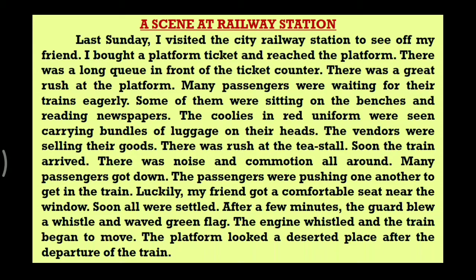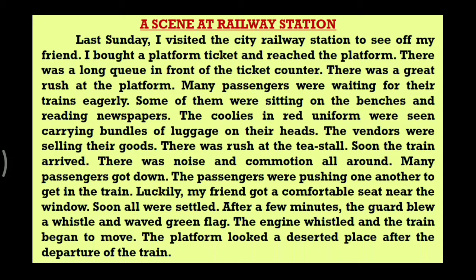Luckily, my friend got a comfortable seat near the window. Soon all was settled. After a few minutes, the guard blew a whistle and waved the green flag. The engine whistled and the train began to move.